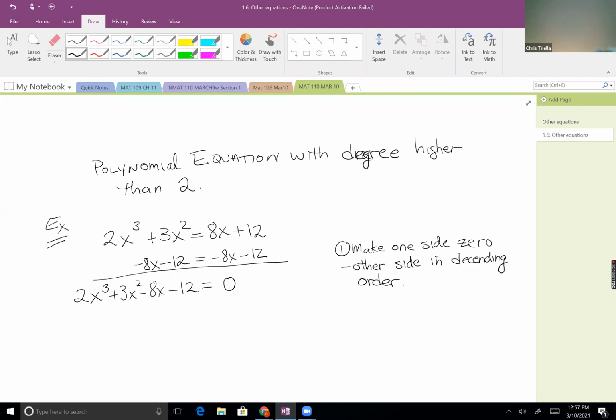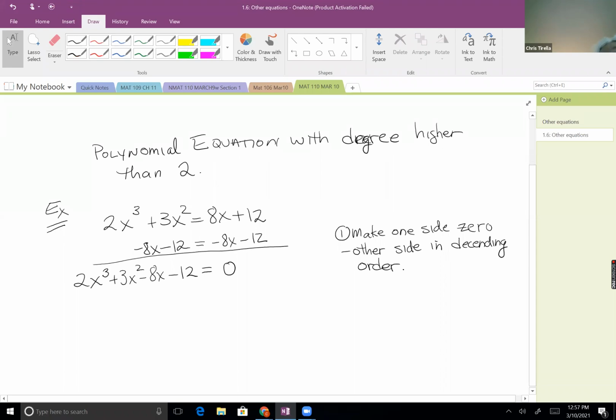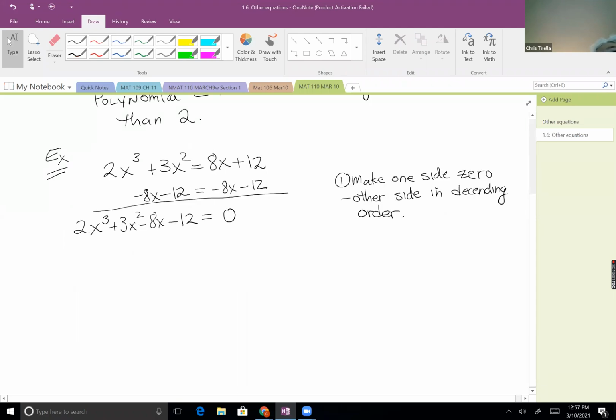And now that we've got one side 0, the reason we did that is because we want to treat these higher degree equations in a manner similar to the first way we solved quadratics. And the first way we solved was by factoring.